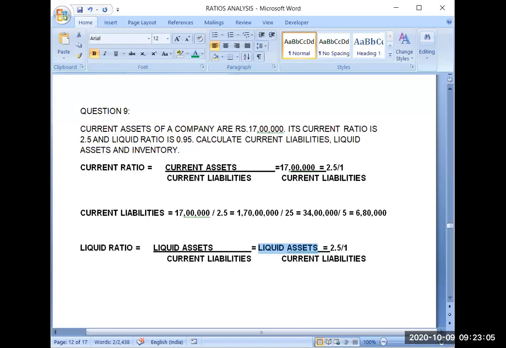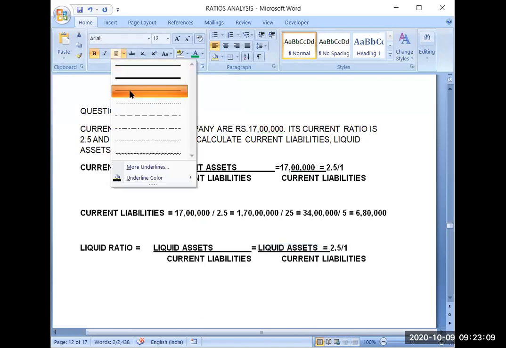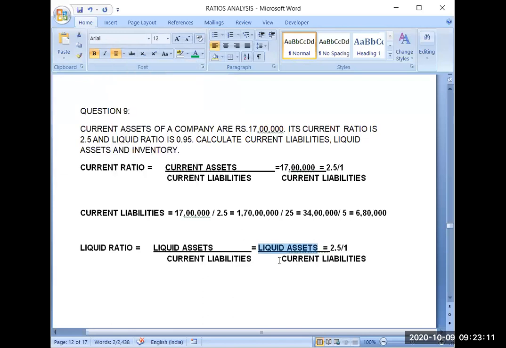Now you know the value of current liabilities. So the value of current liabilities as you have calculated is 6,80,000, and liquid ratio is also given in the question, 0.95 ratio 1. So it will be 0.95 upon 1.